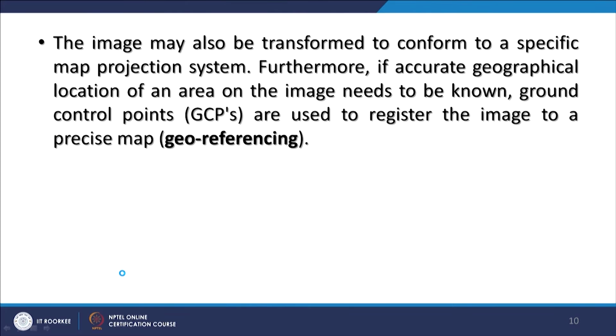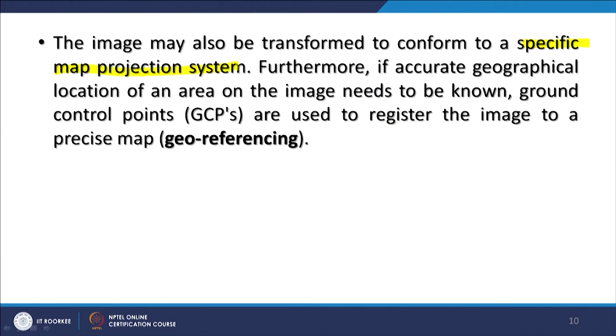Now the images may be transformed to conform to a specific map projection system. Like in the NRSA Data Centre, if we ask them to do the georeferencing and produce a satellite image map in a particular projection corresponding to a Survey of India topo sheet, then that level of processing can also be done.